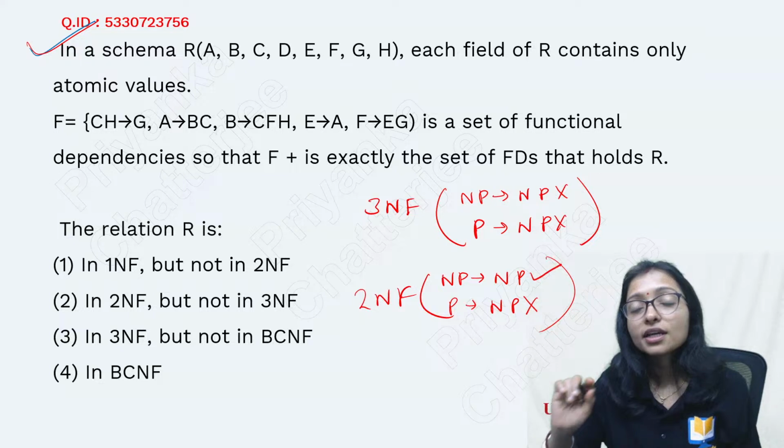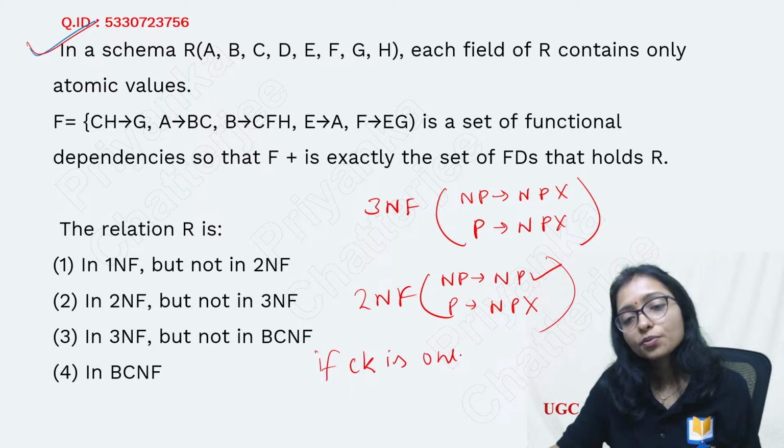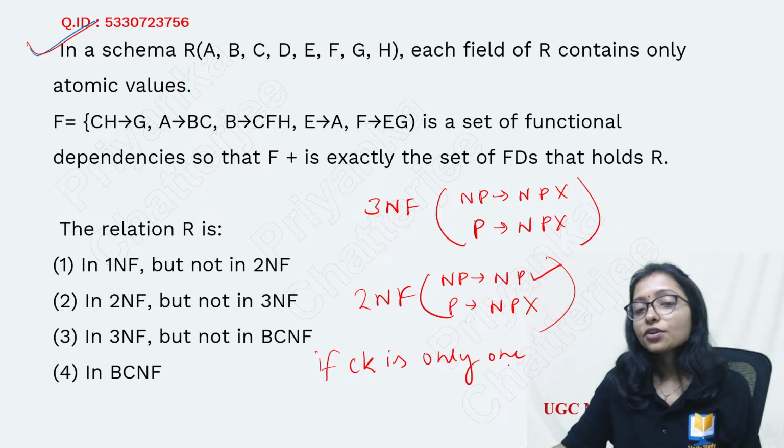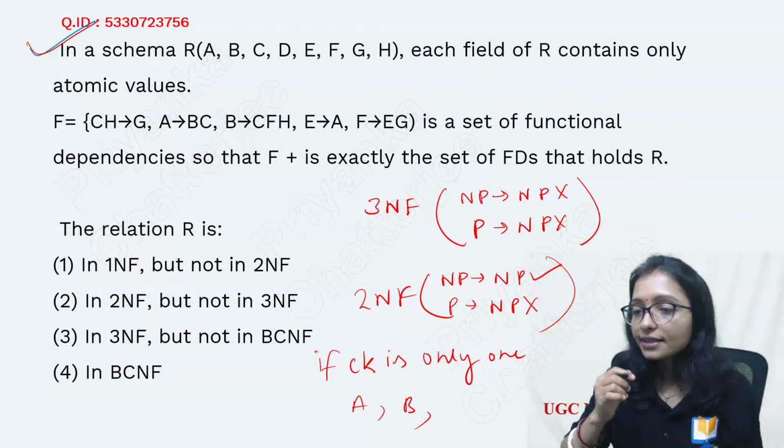And another trick I am telling you: if the candidate key is only one attribute, like A, this is a complete candidate key. B, this is a complete candidate key.